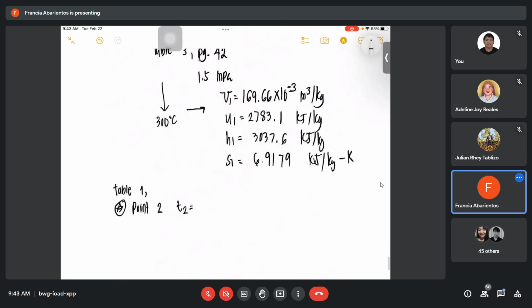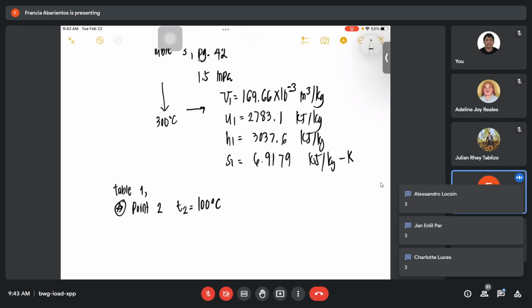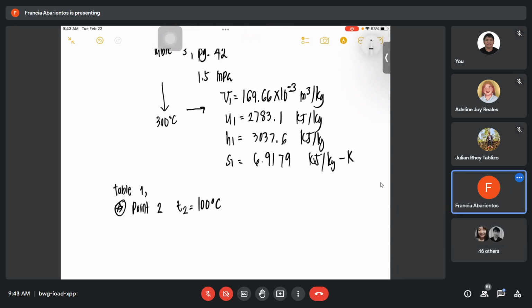Looking at Table 1 at 100 degrees Celsius, the saturation pressure at point 2 is 0.10135 megapascal. So we have this now.